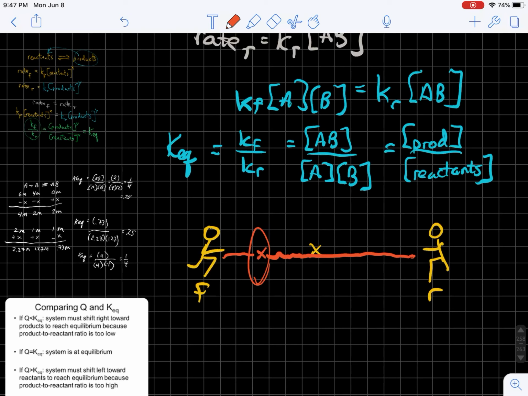In this particular example, if the reverse reaction is really fast, then we would say that this favors what they call the left. And what's on the left of a balanced equation? Reactants. So we're going to wind up with more than 50% of our material being reactants in this particular scenario.